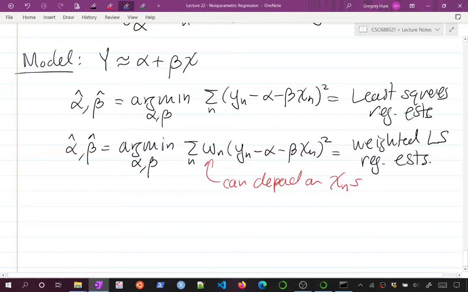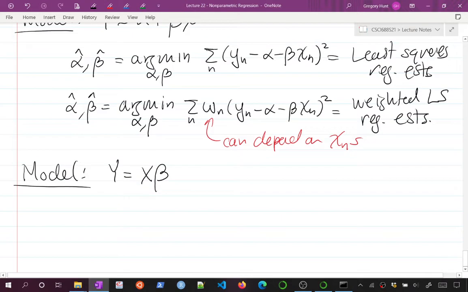Now, in general, let's just take it up one more notch, right? My general linear model is just y is x beta, right? Where this x is my design matrix. It might include an intercept, it might include a whole bunch of variables, whatever, right? And we know that if I have beta hat, so this beta has the combination of alpha and beta.